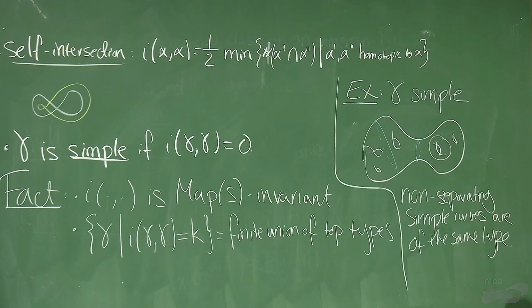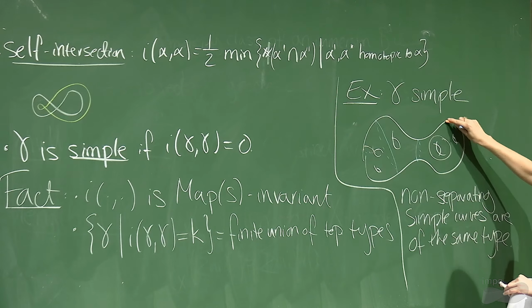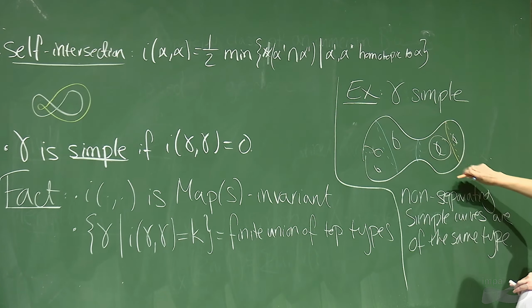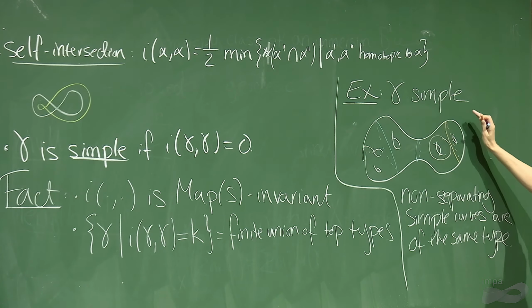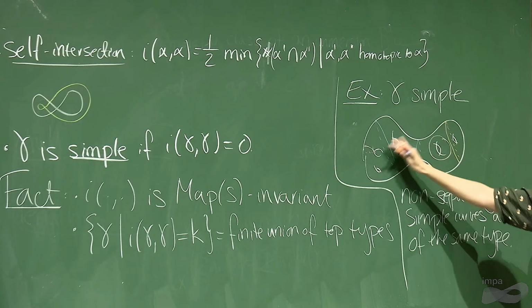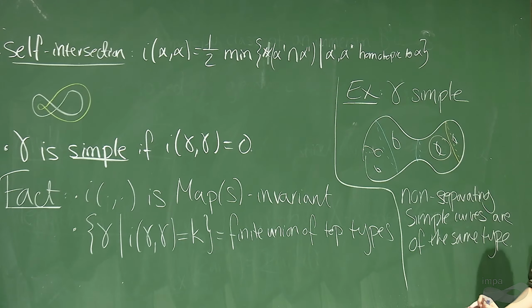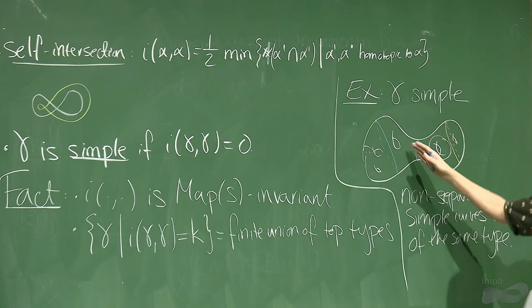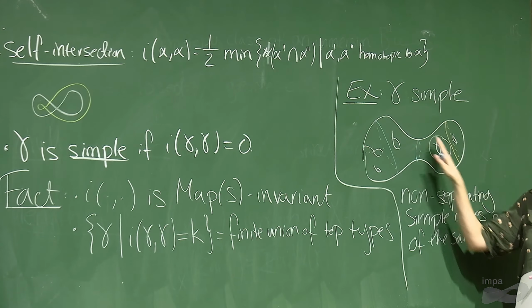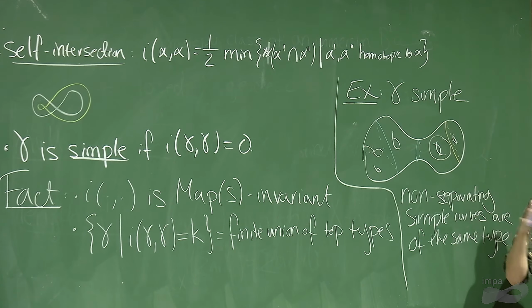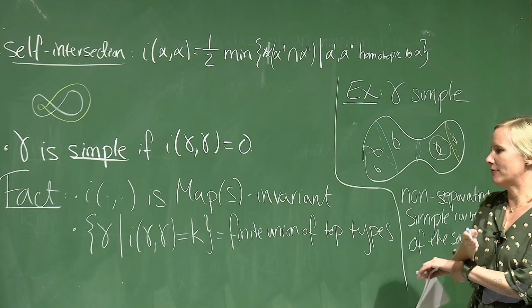So the blue ones are still of the same type, but if I cut it off, if I did this, I cut it off into a one-hole torus and a one-hole genus 4 surface. And those are not homeomorphic, so they are different types. However, there are only finitely many ways to partition these 5 genus, so there are finitely many types.